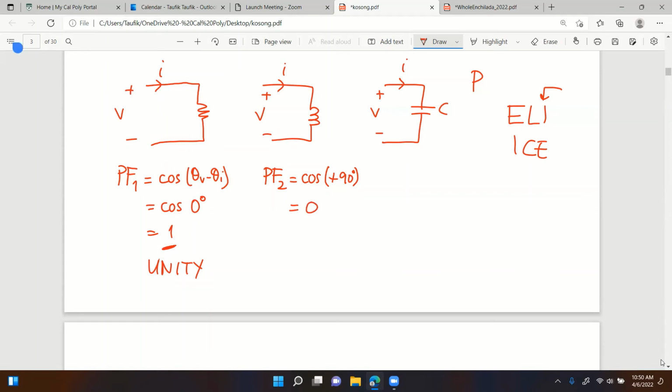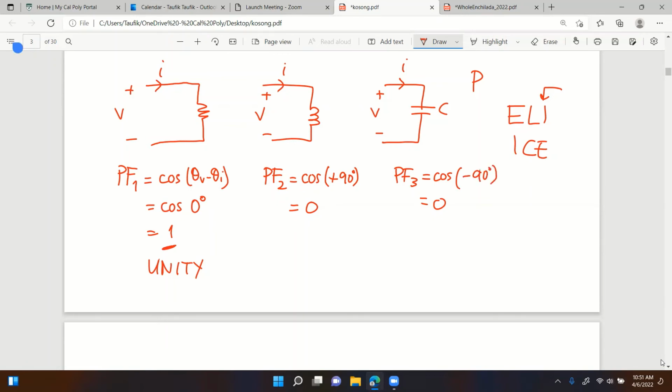Very good. Last one. If you have a capacitor, what is the power factor there? Anybody? Luis in chat also said 0. Okay, very good. Why? Because it would be minus 90, cosine of minus 90. Very good.